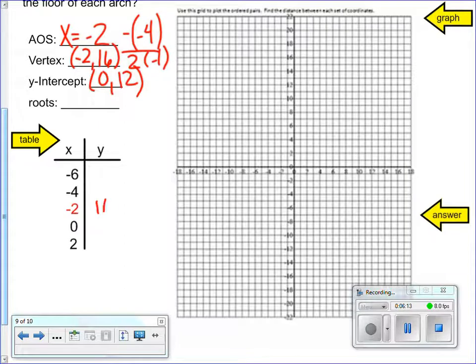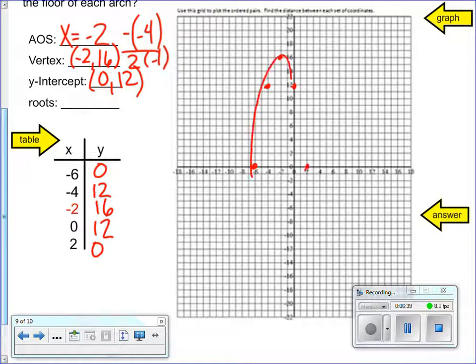So negative 2, 16. Plug in negative 6, I get 0. Plug in negative 4, I get 12. Plug in 0, I get 12. And 2, I get 0. I'm going to graph those at negative 6, 0, negative 4, 12, negative 2, 16, 0, 12, and 2, 0.